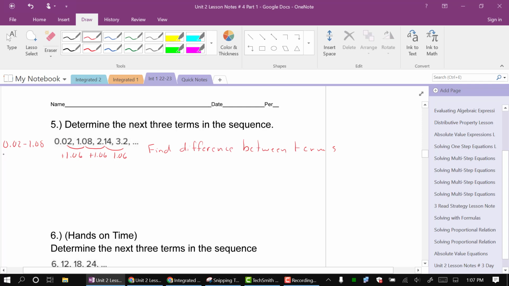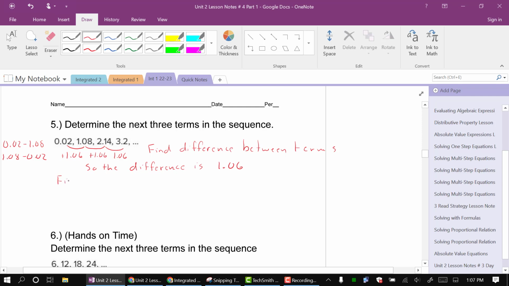Another way is you can go 1.08 minus 0.02, and that'll give you directly what it is. So we found the difference, 1.06.